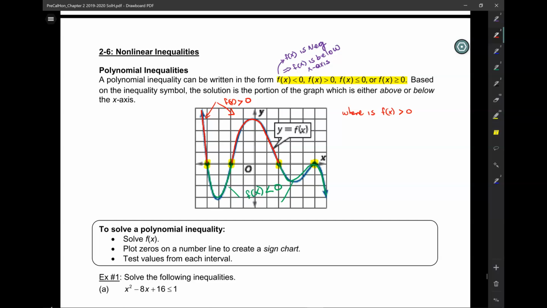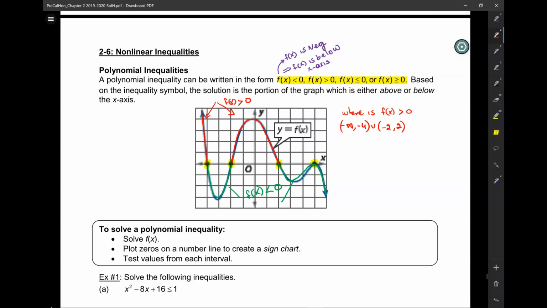So look, if I say where is it greater than 0, you would say, okay, this interval from negative infinity to, 1, 2, 3, negative 4. And then from negative 2 to 2.